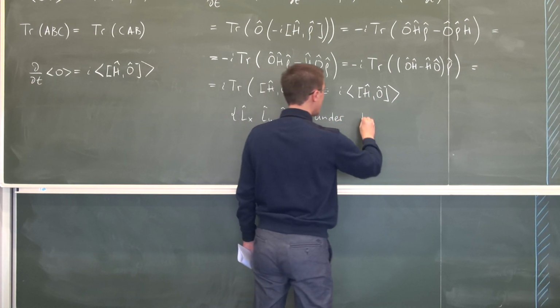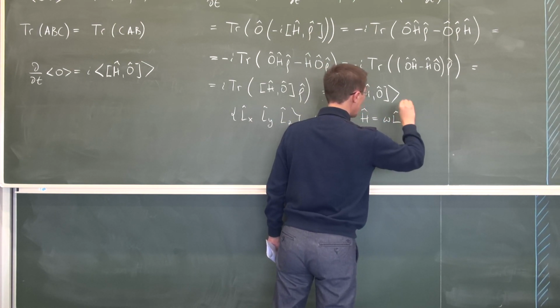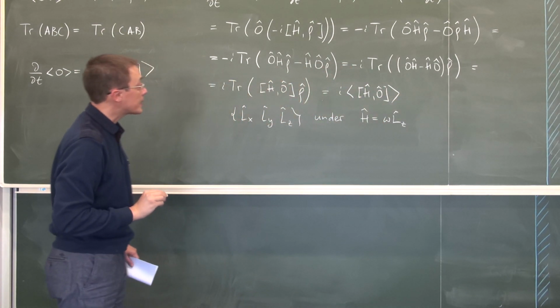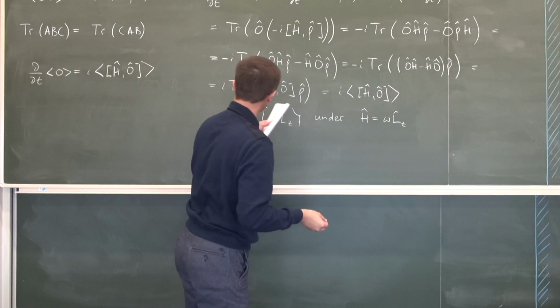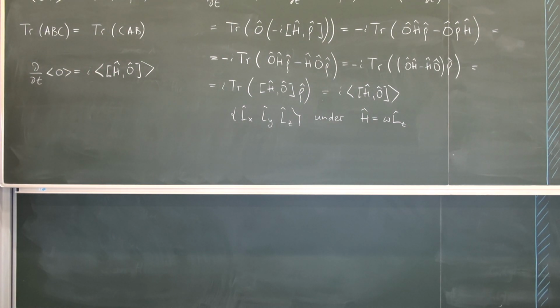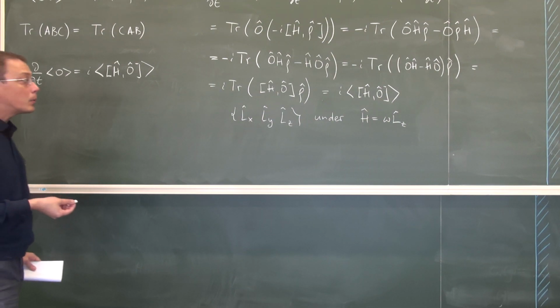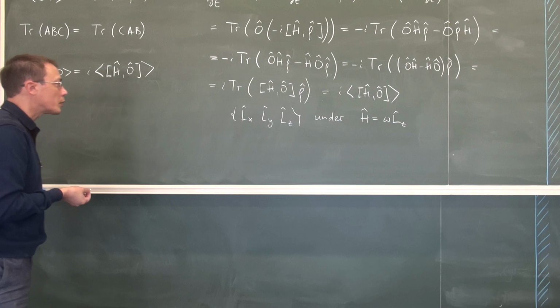So if we have our H, that's equal to omega Lz. So we have the magnetic field on the z-axis. And now that we know the Hamiltonian and we know the operators, we can actually find out those equations of motion using this. And if we now obtain Bloch equations using that, then probably everything is working.